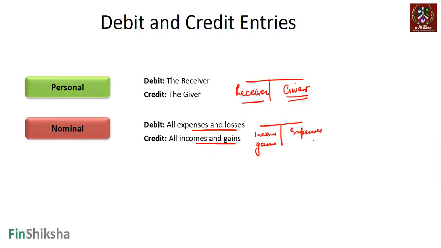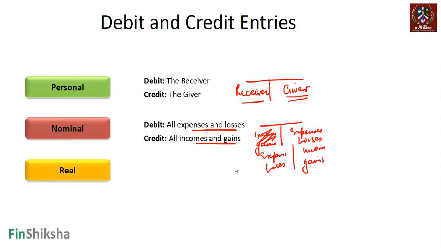Sorry, it's the other way around: expenses and losses are on the debit side and incomes and gains are on the credit side, essentially, right? So that's the nominal account. Similarly, for a real account, debit whatever comes in, credit whatever goes out, right? So that's how you broadly put in the debit and credit system.